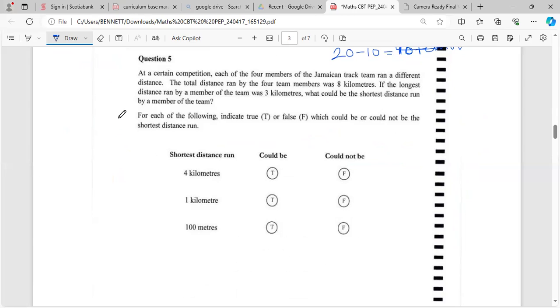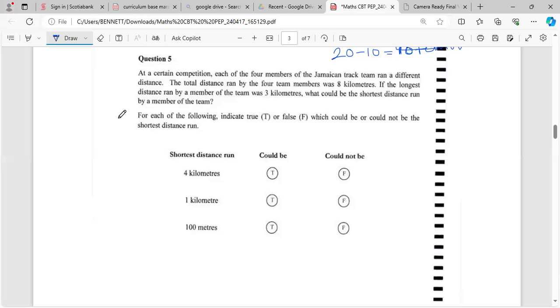All right, it says now, at a certain competition, each of the 4 members of a Jamaican track team ran a different distance. The total distance run by the 4 team members was 8 kilometers. If the longest distance run by a member of the team was 3 kilometers, what could be the shortest distance run by a member of the team?